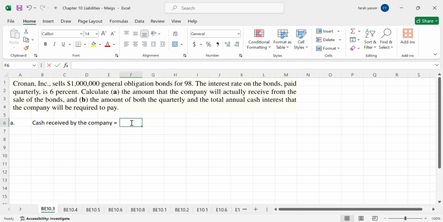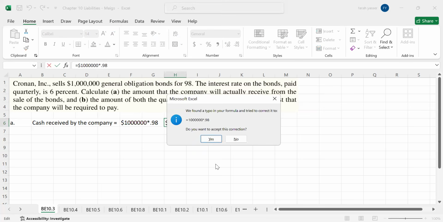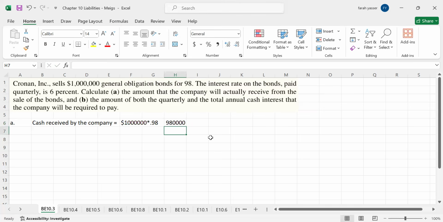The total amount of the bond is 1 million multiplied by 0.98. This is what the company is getting after issuing the bond. This is actual cash. So this is in dollars.